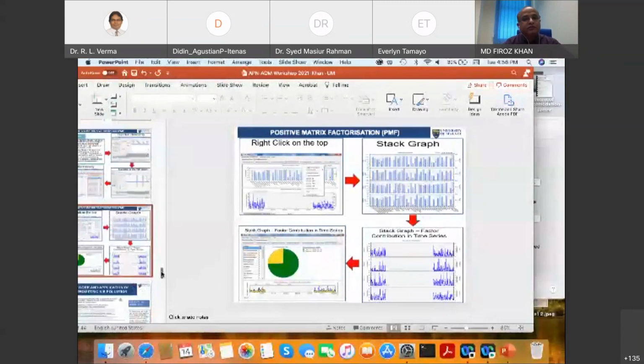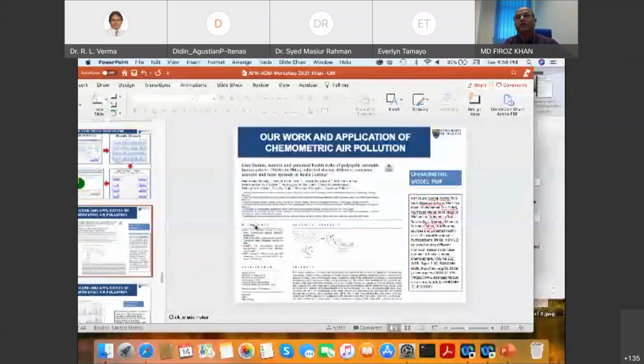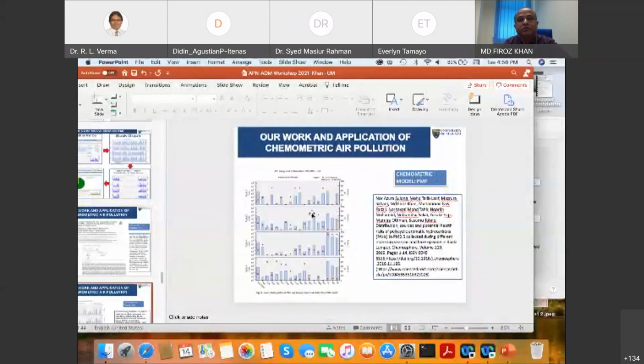Let me show you some examples from our work that has already been published in peer-reviewed journals. One paper here you can see is from one of our students who already graduated, published in Chemosphere, and she has reported a number of profiles here, factor 1 until factor 4, for, do you know what? For polyaromatic hydrocarbon.